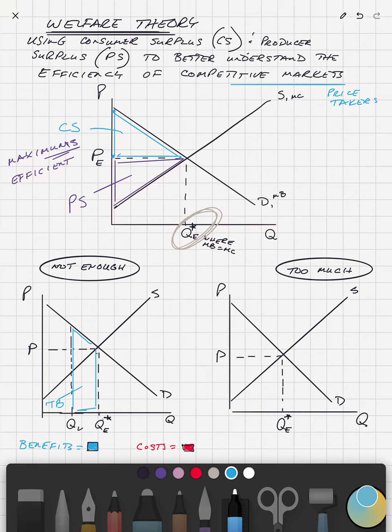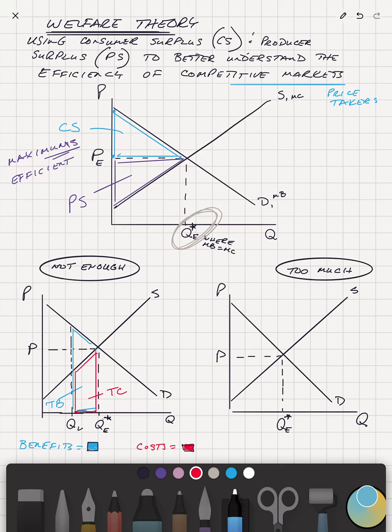The total costs, which I will shade in red, is bounded by the supply curve on the top and the horizontal distance between QL and Q star E. And you can see that this is total cost.